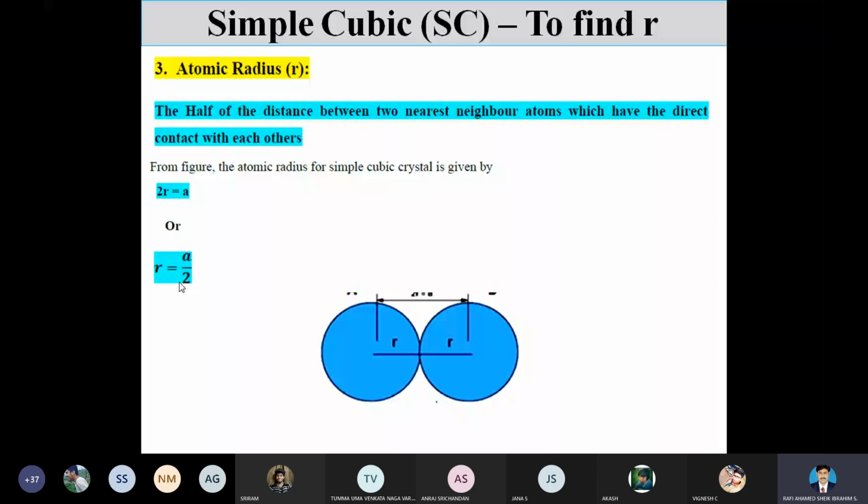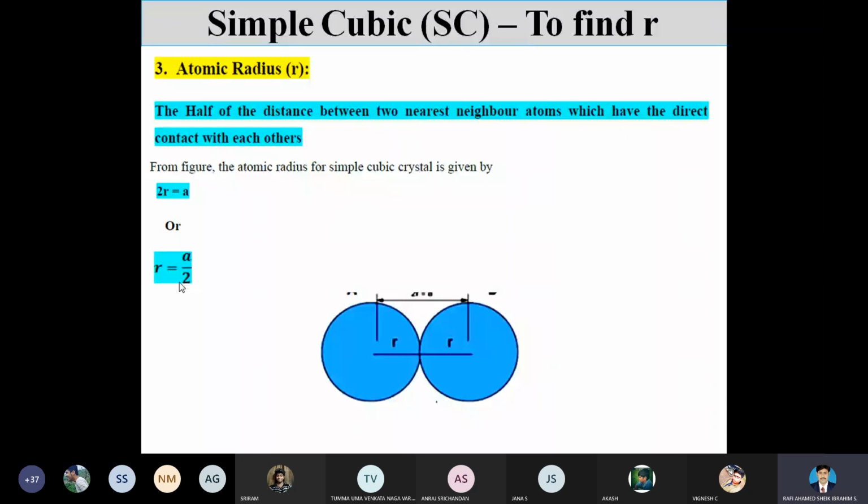Whenever you are writing your examination, after receiving the answer script, see the question paper. After seeing the question paper, in your answer script, you are having a rough page at last. In that rough page, you have to write the parameters first. N is equal to 1. R is equal to A by 2. Cn is equal to 6.